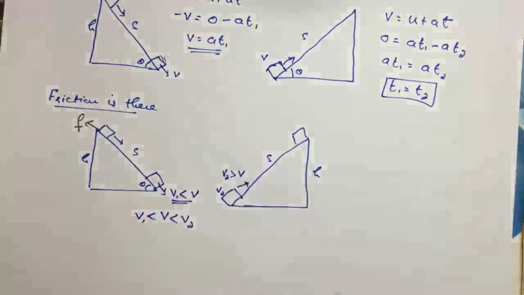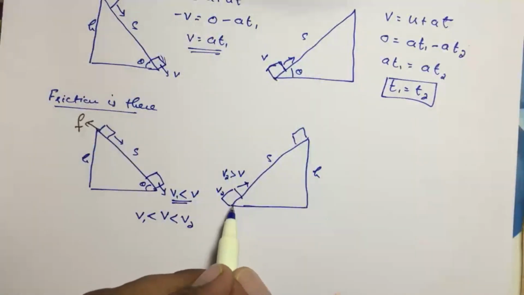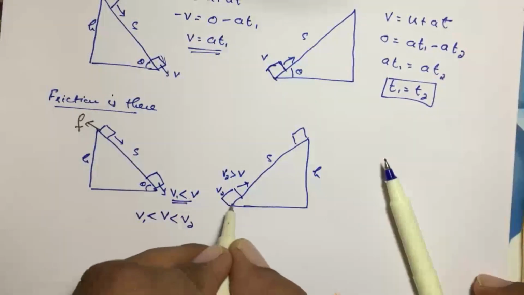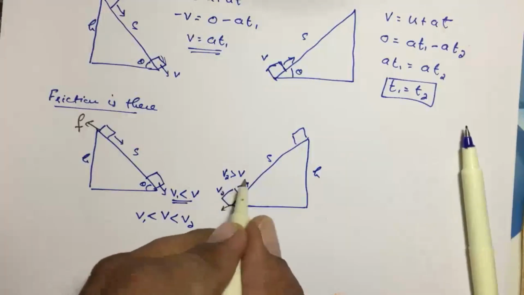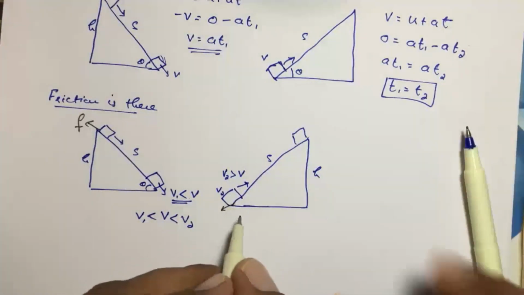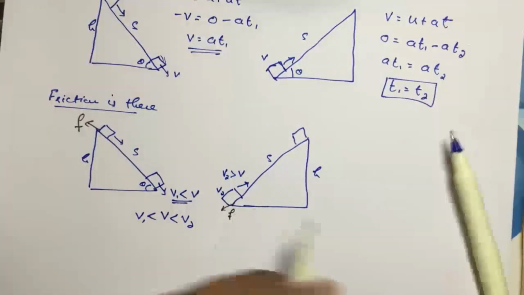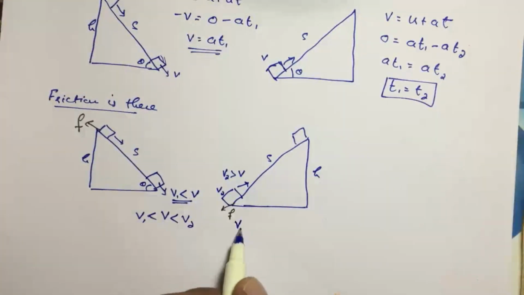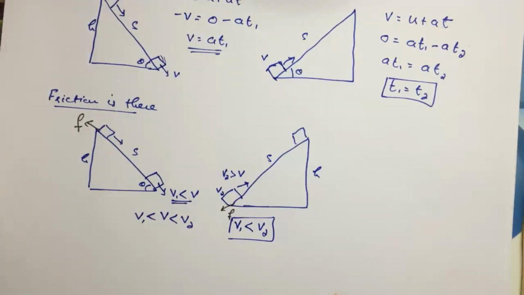Because friction is there, and the body can only go up the same height if v2 is greater than v, compared with the frictionless case. So from this inequality, v1 is less than v2.